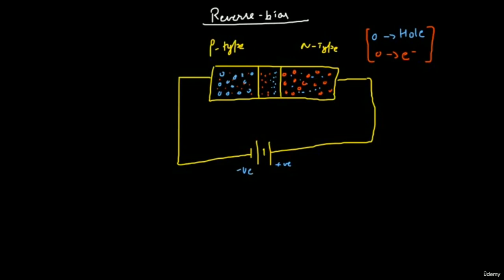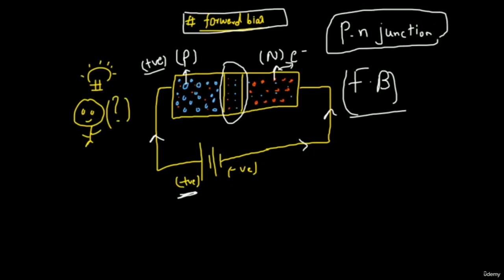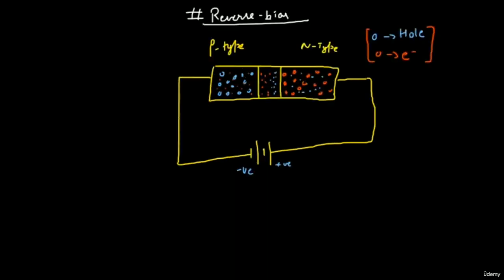Now we are going to study about the reverse bias. So what is the reverse bias? A similar figure like p-type and n-type as we have seen here. Well, this is seemingly a little bit messy. P-type means the holes are dominating, n-type means the electrons are dominating. So what we have changed here is just the battery's connection.